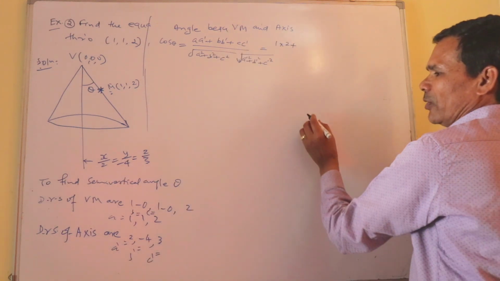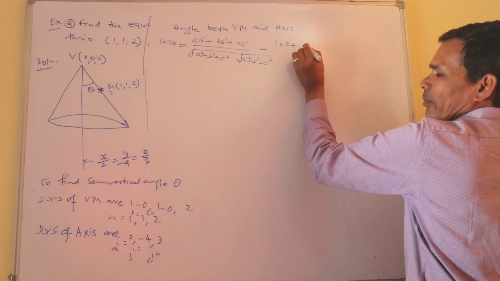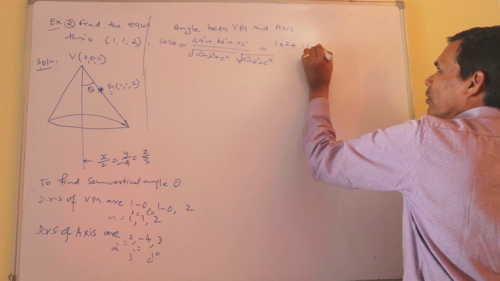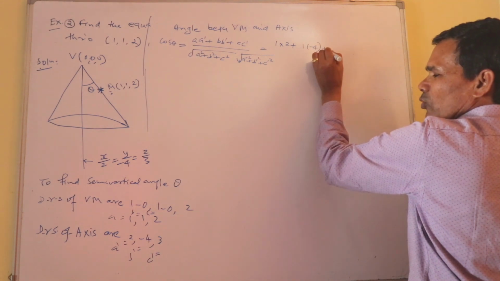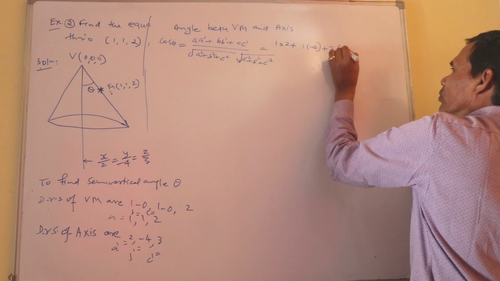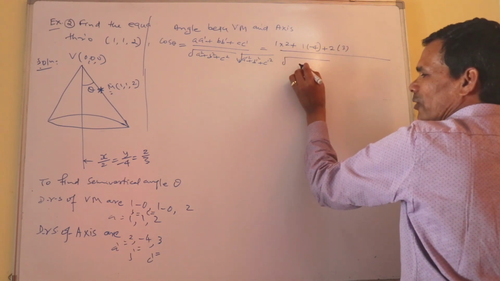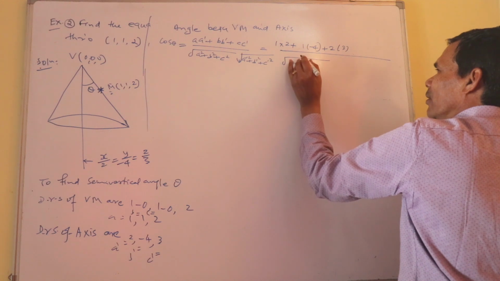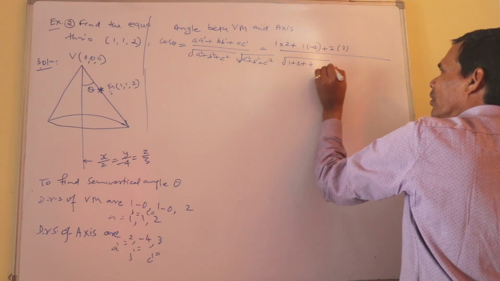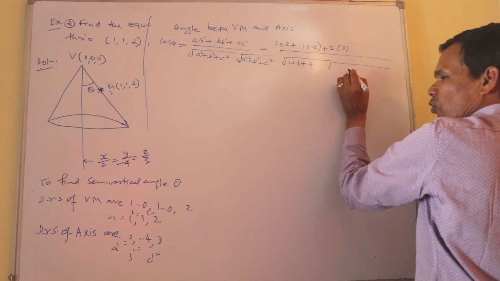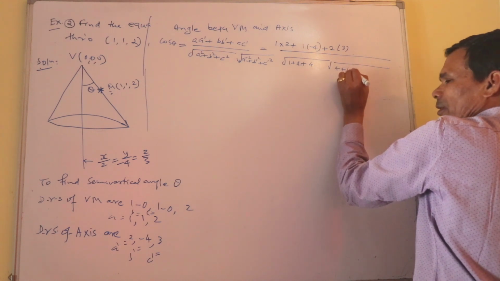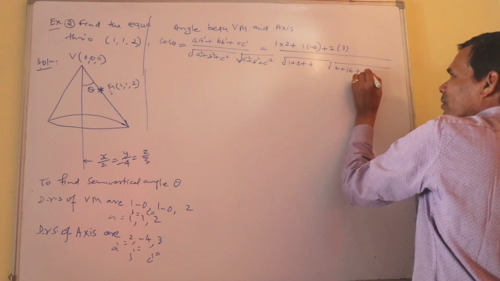So it is 1 into 2, 1 into minus 4, and plus 2 into 3, divided by root of 1 plus 1 plus 4, and here it is root of 4 plus 16 plus 9.